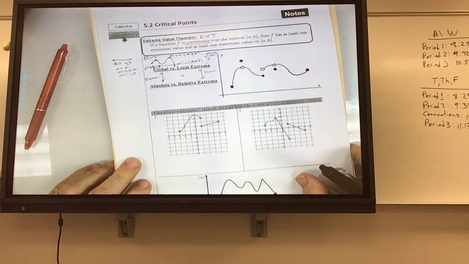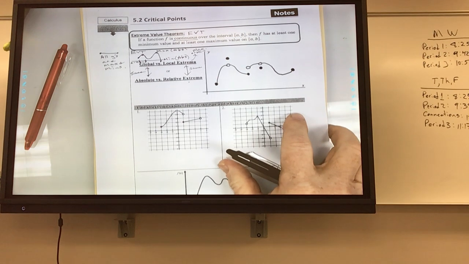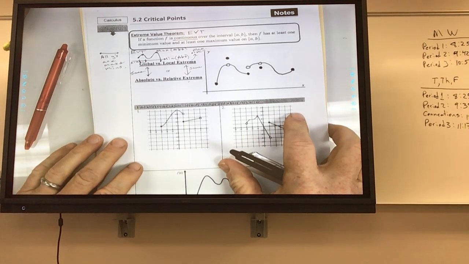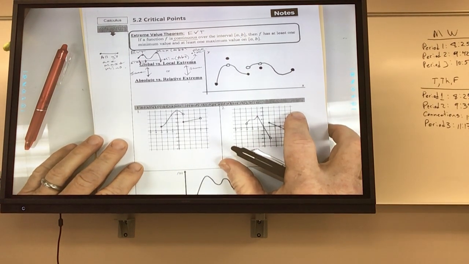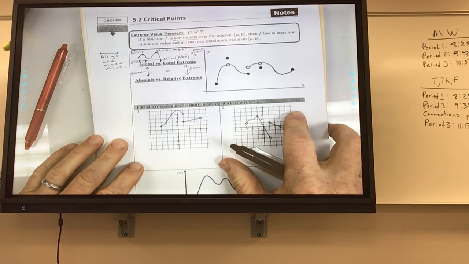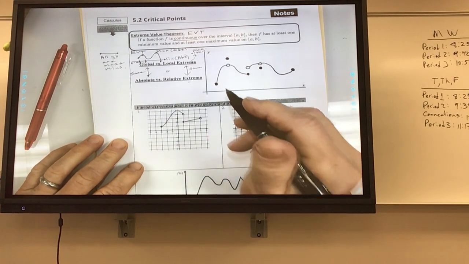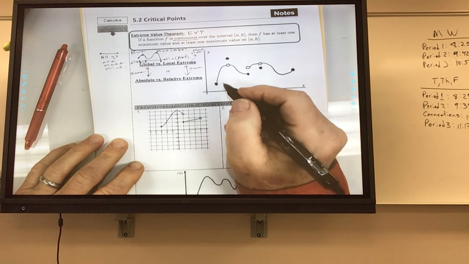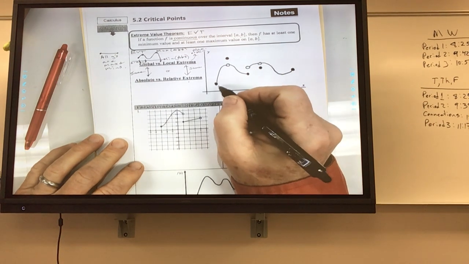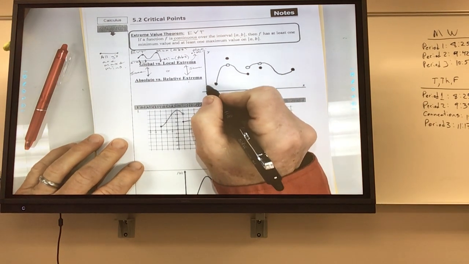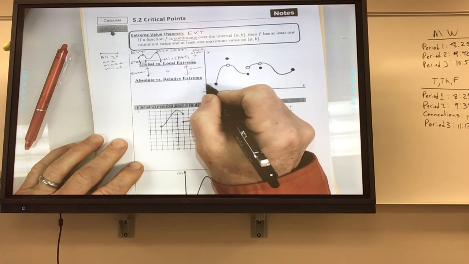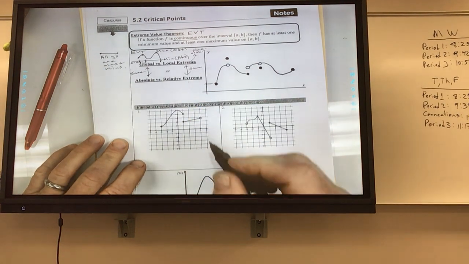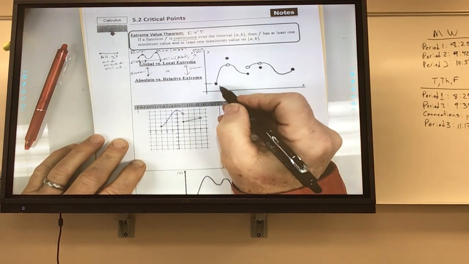All right, so here I have a piecewise graph. And let's take a look at some points. Let's take a look at this value right here, this y value. How would you label this?